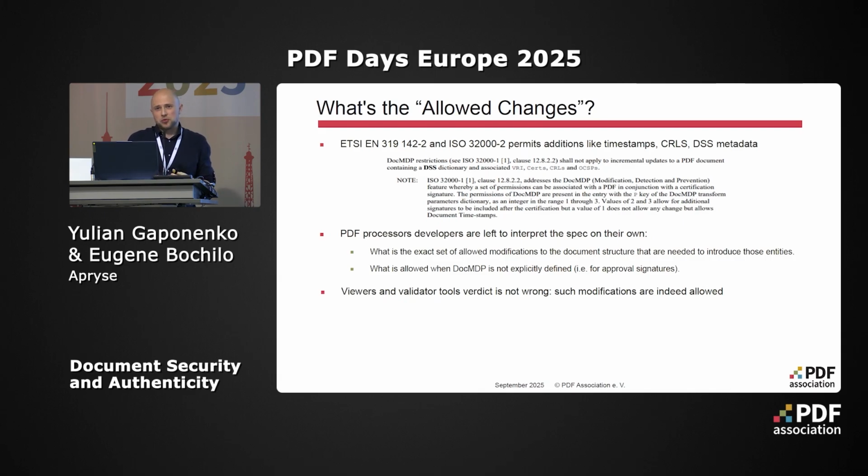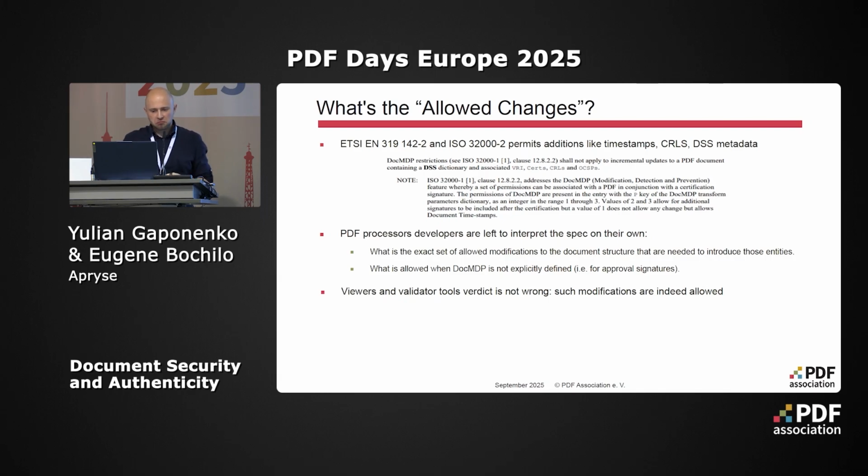It's quite reasonable to mark the producer of the new revision of the document. So when you update the metadata and you say that this new revision was added by a certain tool. Again, those changes are pretty reasonable. There is apparently consensus across validation tools that those are also allowed things to be introduced in the document. It's not explicitly stated in the specification.